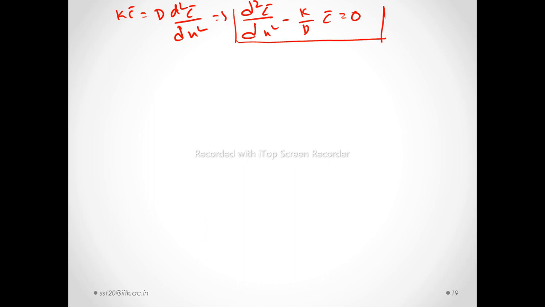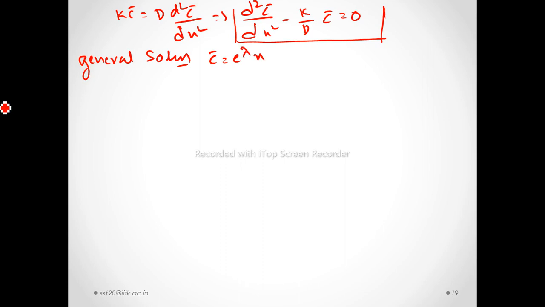By solving this differential equation, the general solution can be written as c bar equal to e to the power of lambda into x.